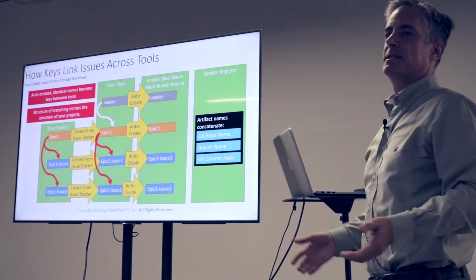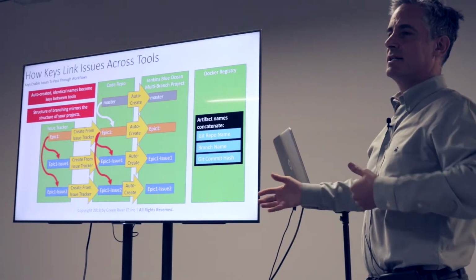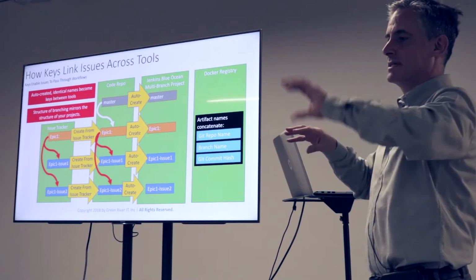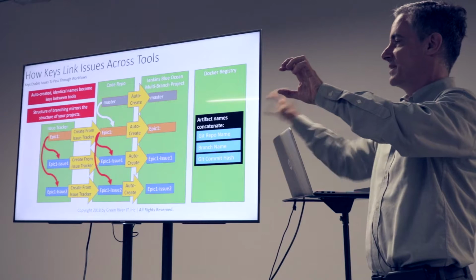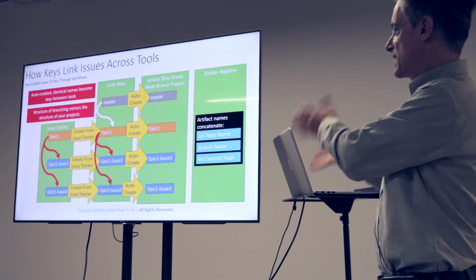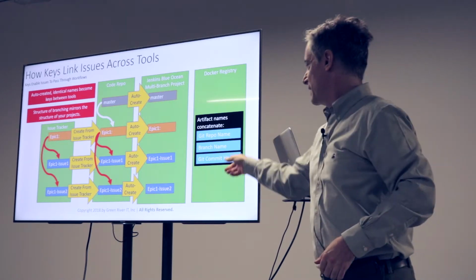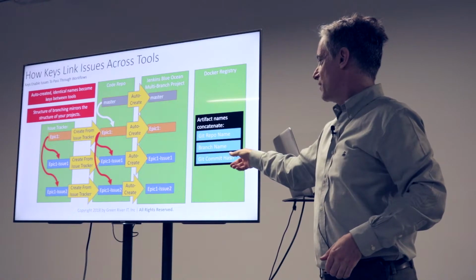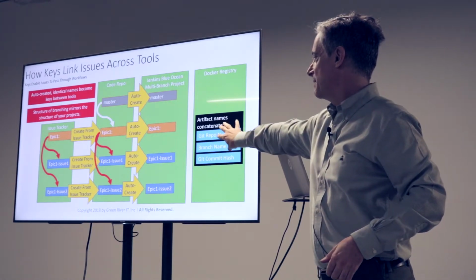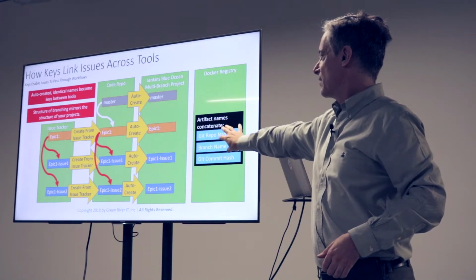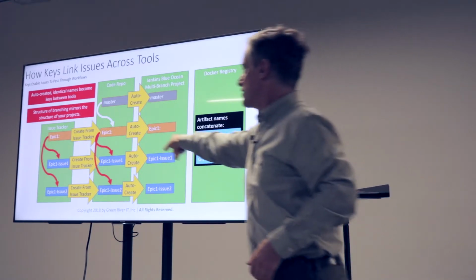Every time a developer makes a change, they push code back into it, and the code repository does this: this is our branch, but this is this version of the branch, and another next version, and each one of these is called a commit, and each one of these commits has a key to it. We took the key or hash for that commit and linked these three things together, and now we've got a name in our Docker repository that matches all this stuff.